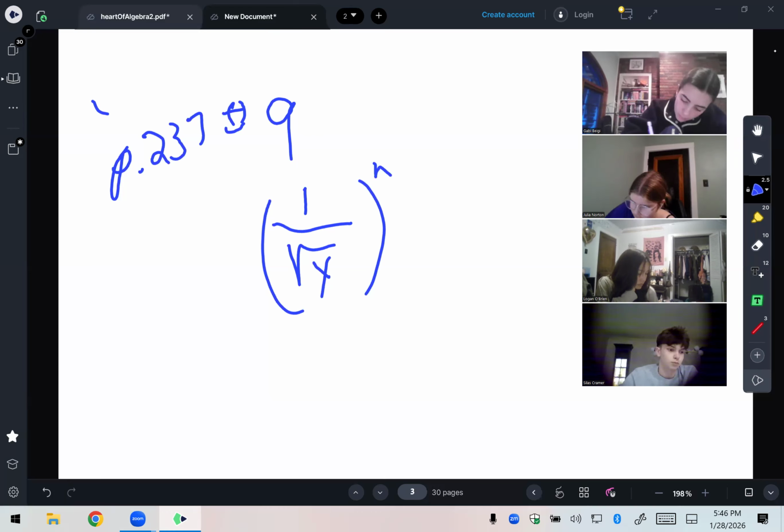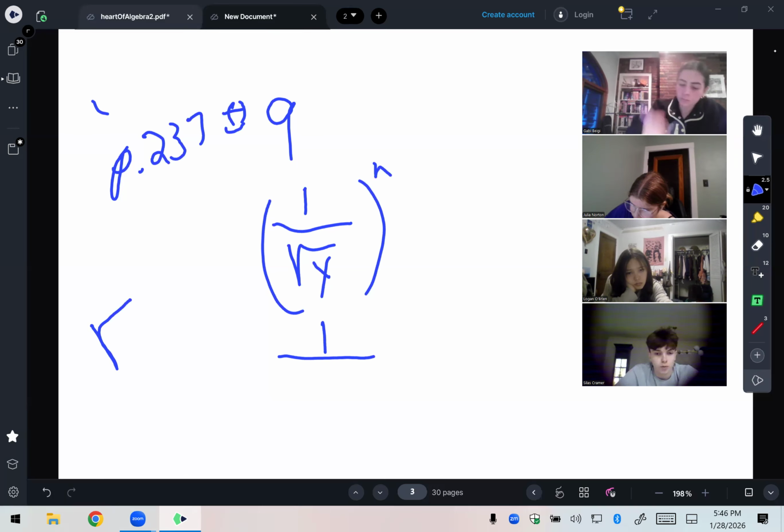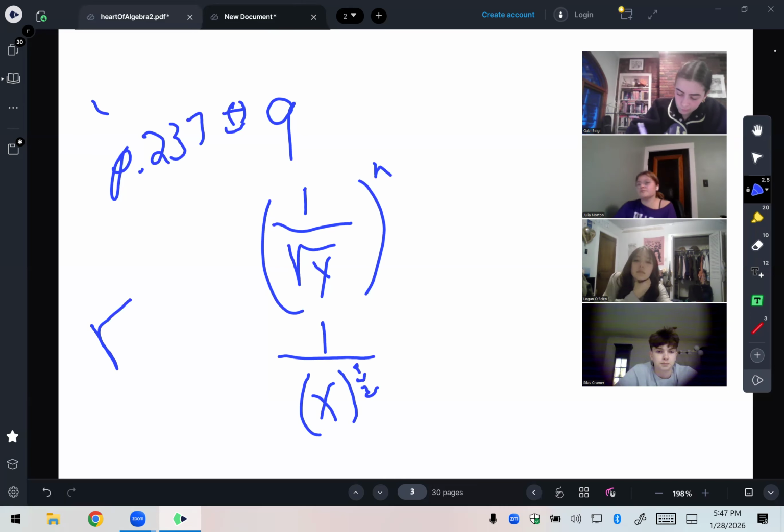So remember, if I mentioned before, if it's just this, it's a square root. So we could call this 1 over x to the 1/2. Does that make sense? Okay. So now I changed the floor, I changed the sign.